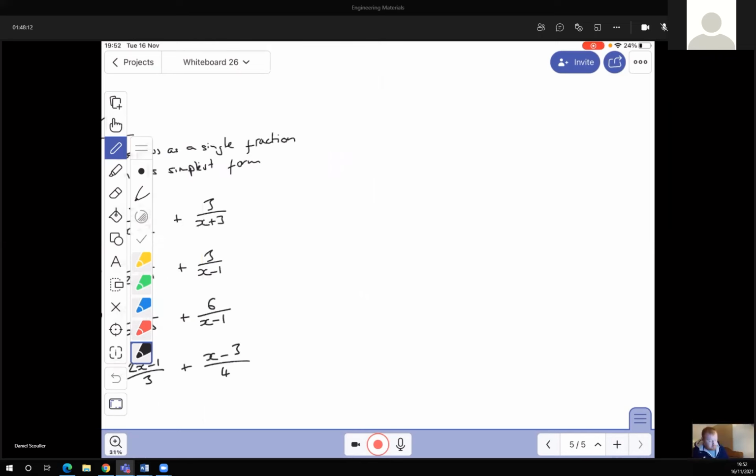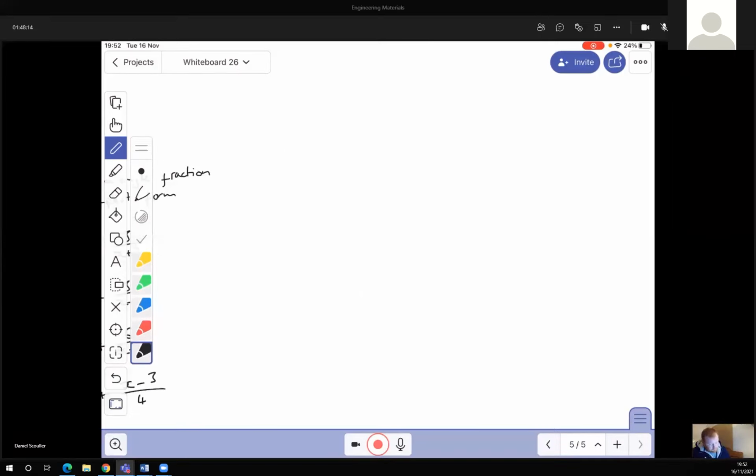So first one, 5 over x minus 2 plus x plus 3 over... First thing I would do is put brackets around those two expressions, which makes it a wee bit tidier. Then we're multiplying the bottom, multiplying across.